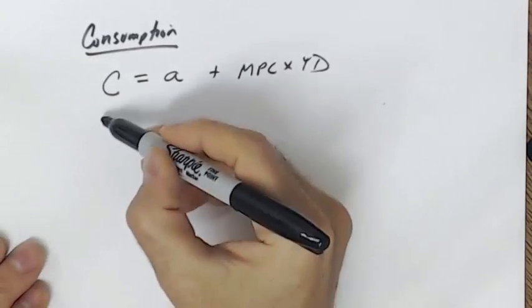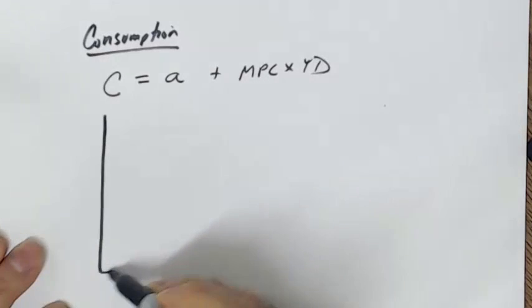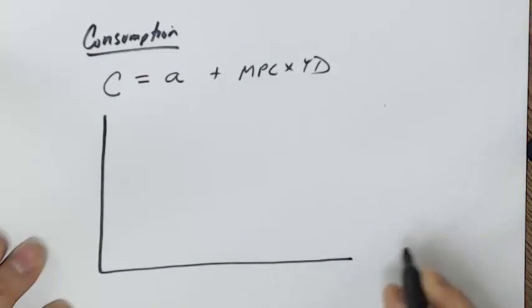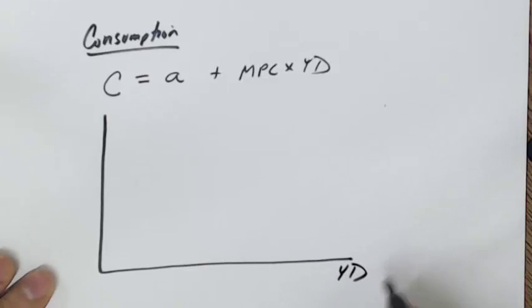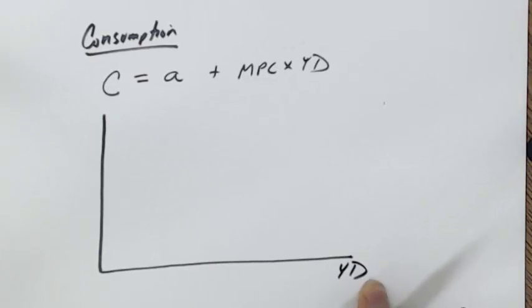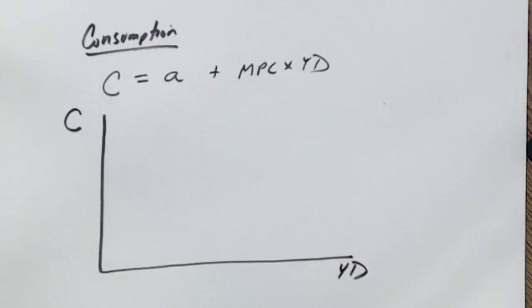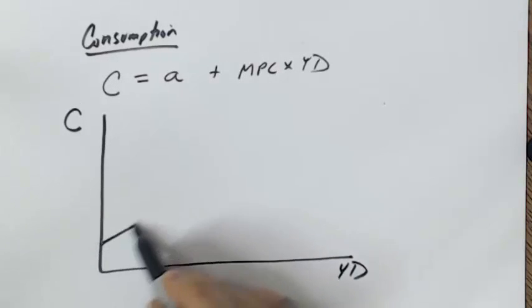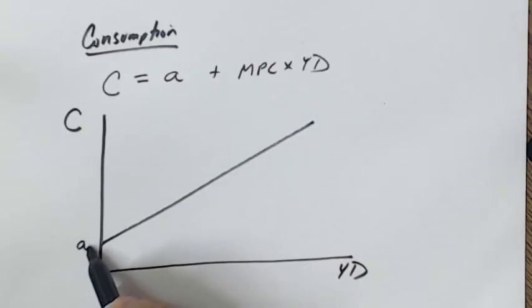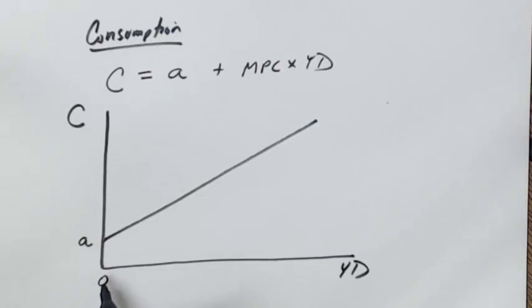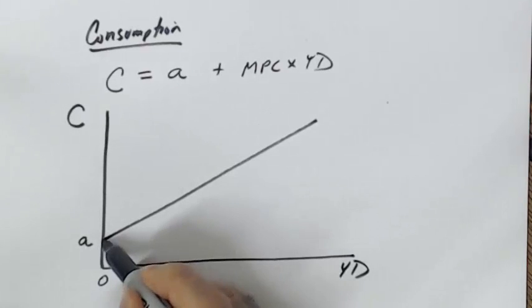So what we're looking at here is the equation for a line. Here we have YD, which is disposable income, on this axis. As your income goes up, consumption for households goes up. The intercept is A, so that when you have 0 disposable income, you still have consumption.